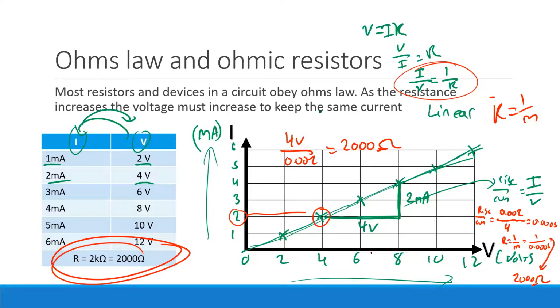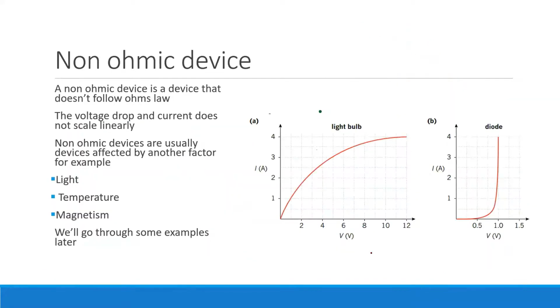So the next step is to talk about non-ohmic devices. It's not all rainbows now that we've done all this hard work to learn about ohmic resistors, only for me to tell you, guess what? Not everything is ohmic.